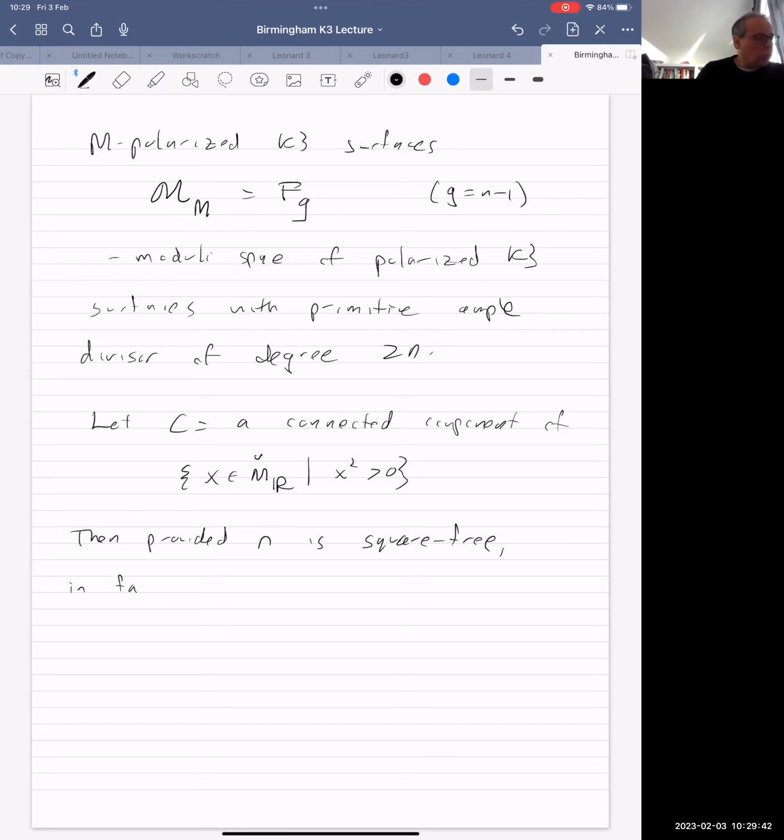In fact, a suitable choice of fan, delta prime on C, determines the toroidal compactification.